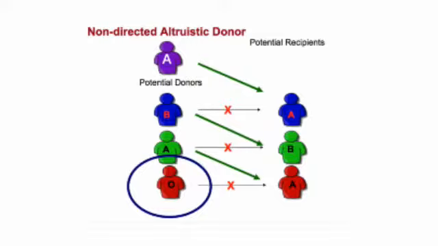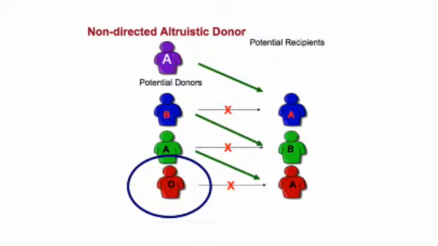The next variation is donor chains, or another term you might hear in the news is never-ending chain. This also starts with a non-directed altruistic donor. All the recipients that come to the table do bring a living donor to the table, an incompatible, willing, healthy, living donor.